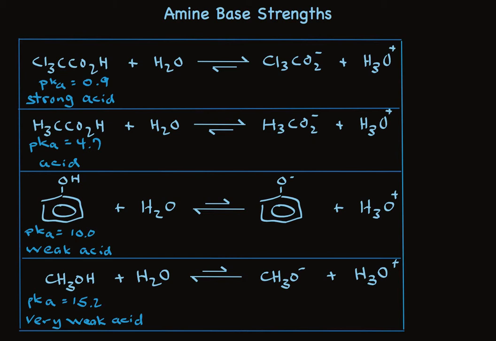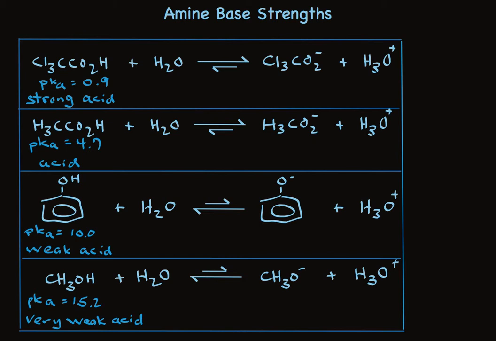Now this pKa scale helps us understand the relative acidities of these 4 compounds. Remember that the pKa value is the value at which the acid is half deprotonated. So there's an equal amount of acid and its conjugate base in solution at the pH of that pKa number.